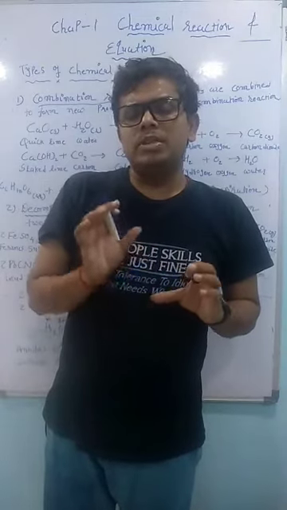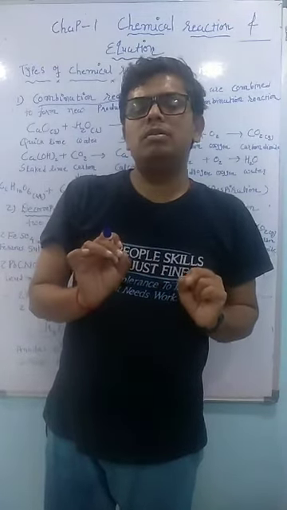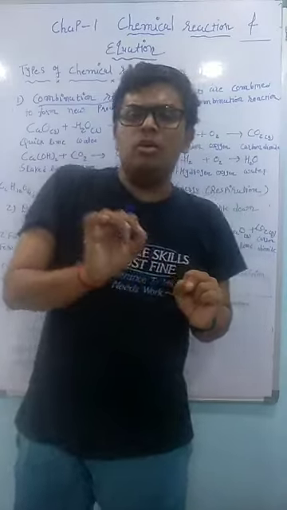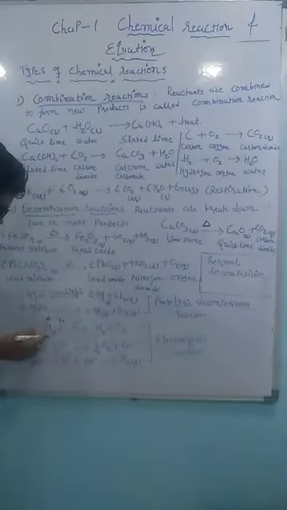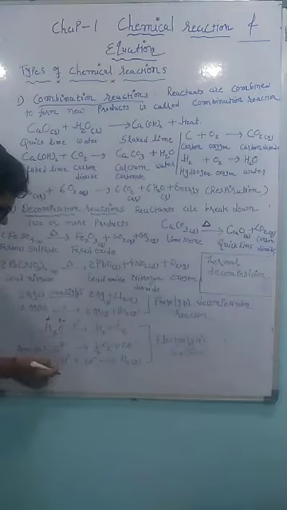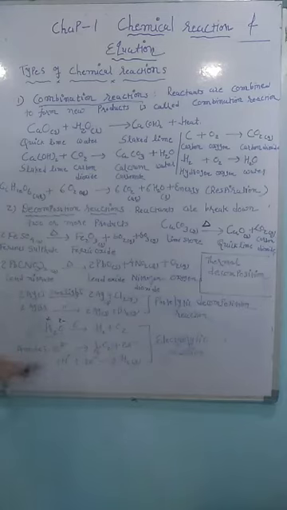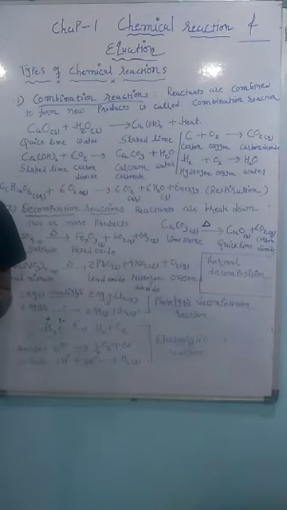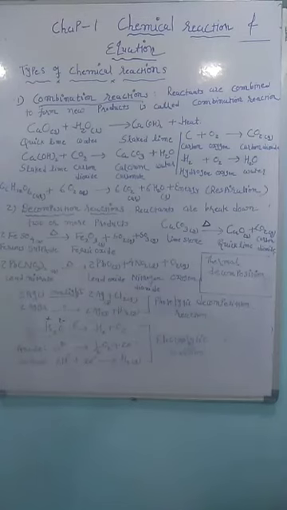Just check in water who has no electron, hydrogen or oxygen. Hydrogen has no electron, so these two hydrogens gain two electrons and produce hydrogen gas. This type of reaction is called the electrolytic reaction, and the electrolytic reaction is also included in the decomposition reaction.